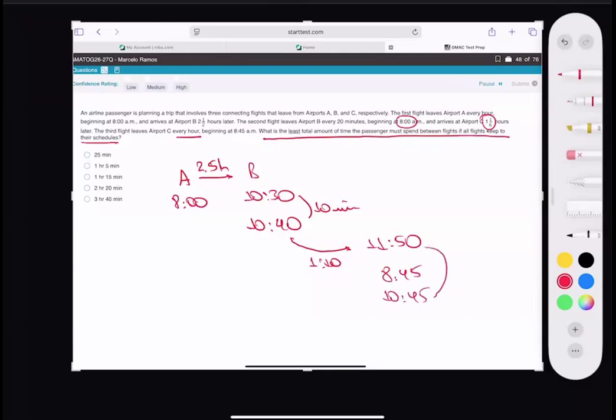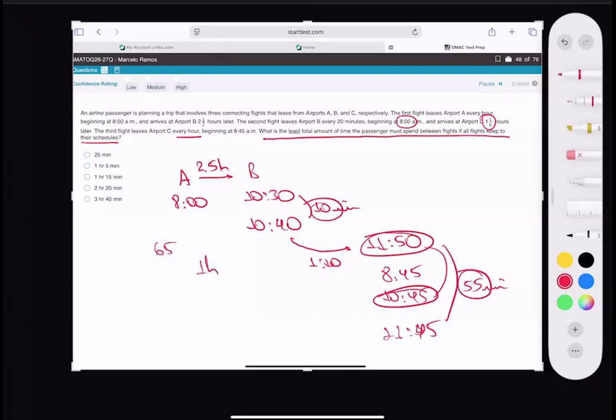Because of 5 minutes, since 10:45 departed 5 minutes before the guy arrived, he needs to wait until 11:45. So 55 minutes more. Do you guys agree? So 55 plus 10 is 65, so 1 hour and 5 minutes. Is that okay?